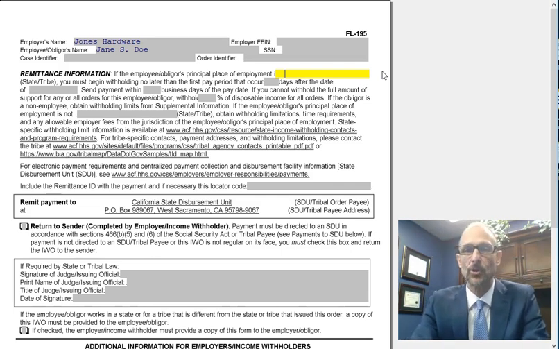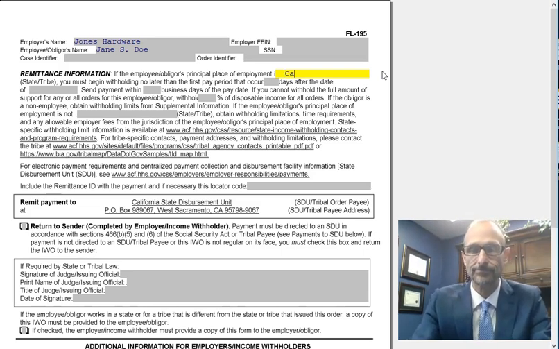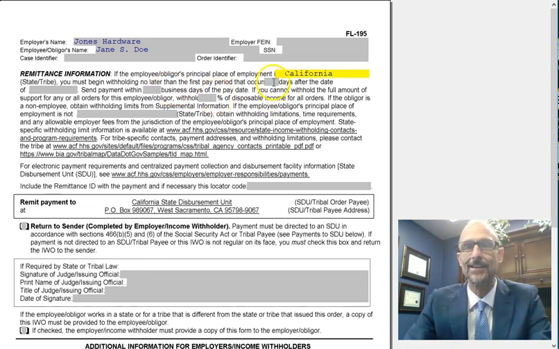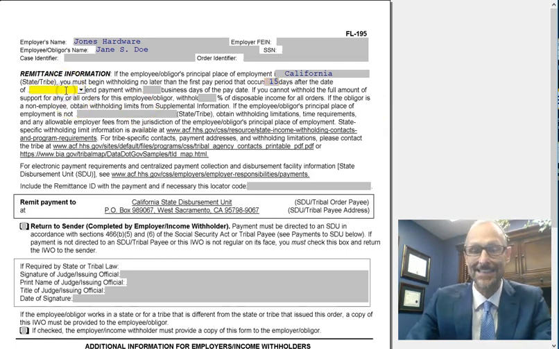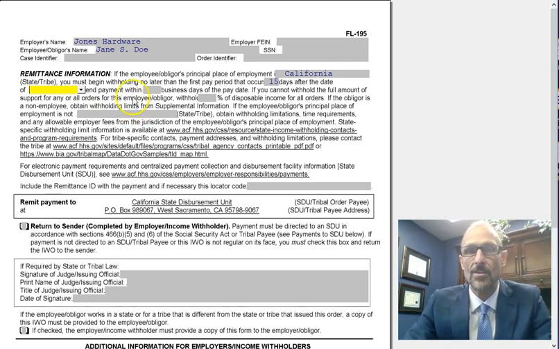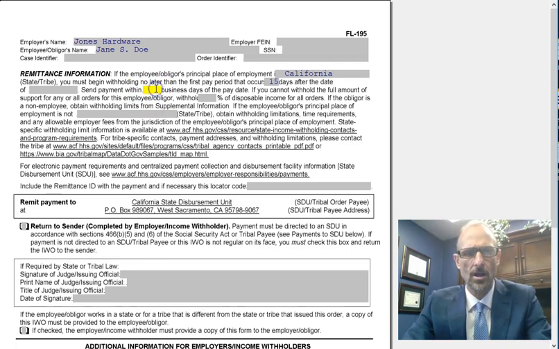If the employee-obligor's principal place of employment is California, that's what they're asking for there, the state or tribe, you must begin to withhold no later than the first pay period occurring 15 days after the date of whatever date you are sending this in. Whatever date you're sending it in, you put that in there. And then 15 business days for the pay date.